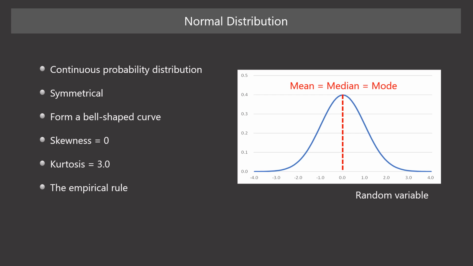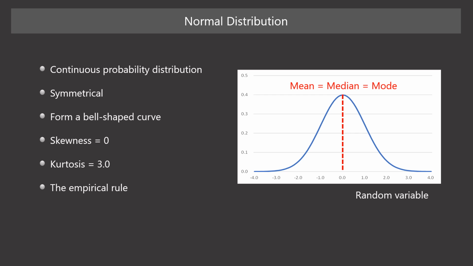This is a graph of normal distribution. The horizontal axis represents a random variable, and the vertical axis represents the probability density. Normal distribution forms a bell-shaped curve, so the data points around the mean are more frequent in occurrence than those far from the mean.